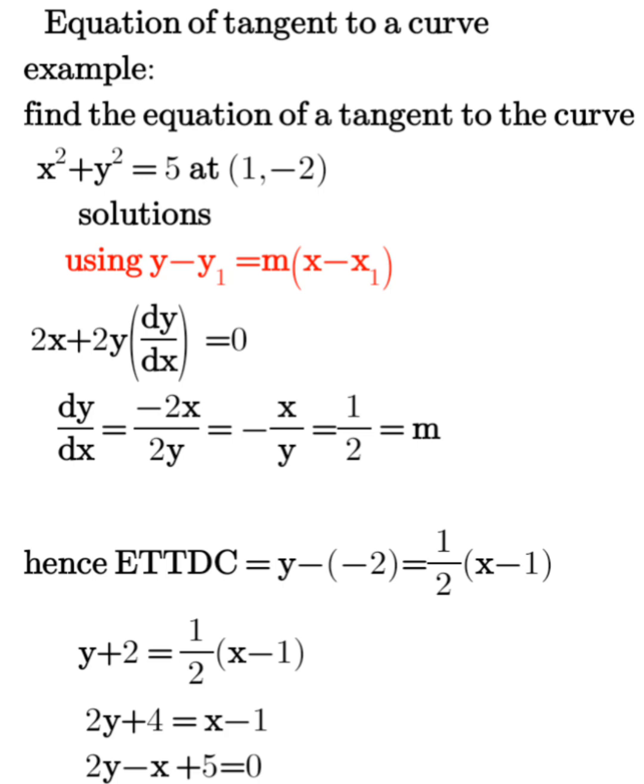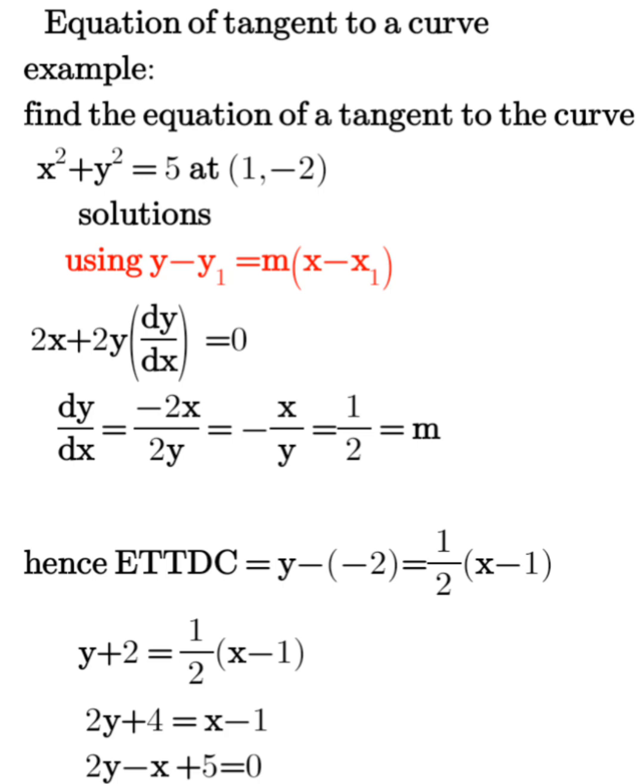Now the formula we'll be using in this case is slightly different from the first formula that we used in finding our gradient. It's almost the same thing, but in this case, instead of using y2 minus y1 equals m(x2 minus x1), we'll be using y minus y1 equals m(x minus x1), where x1 is 1 and y1 is minus 2. The next thing is finding the derivative, and this is an implicit derivative.